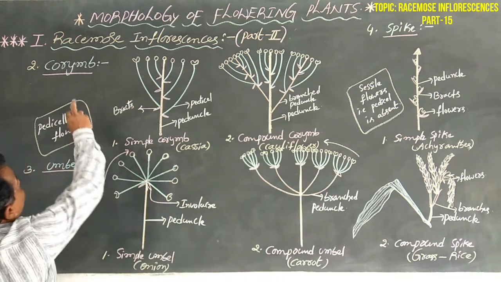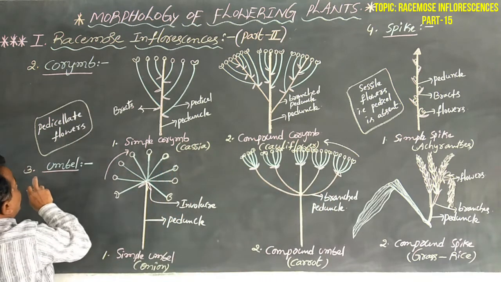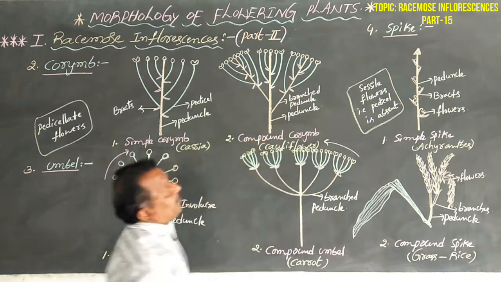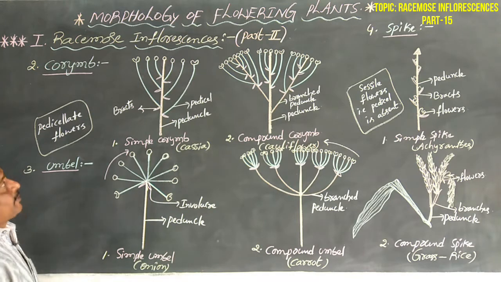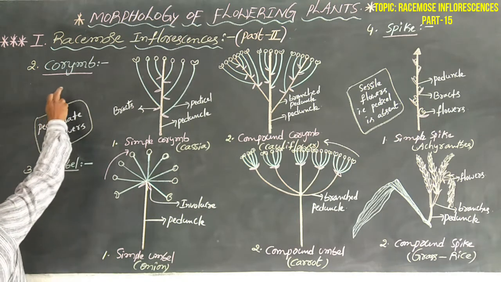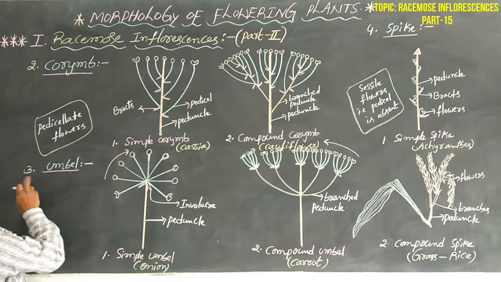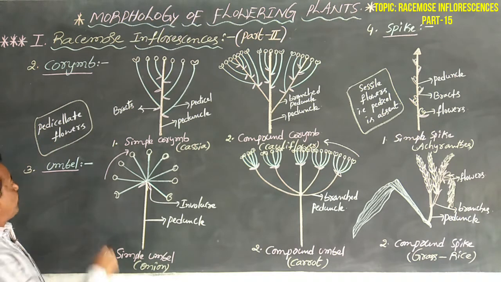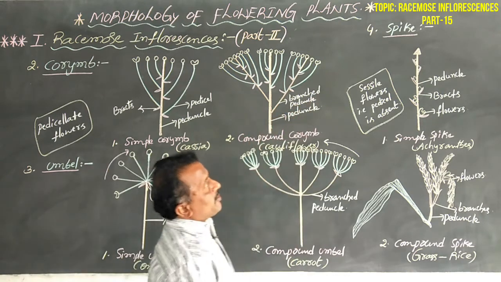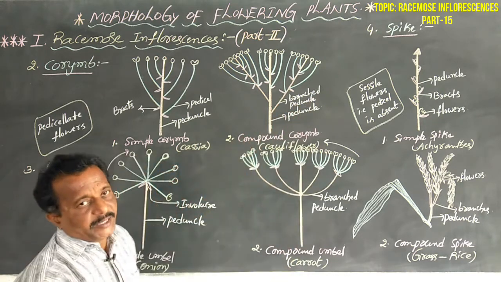The second type of racemose inflorescence is corymb. The third type is umbel. The fourth type is spike.